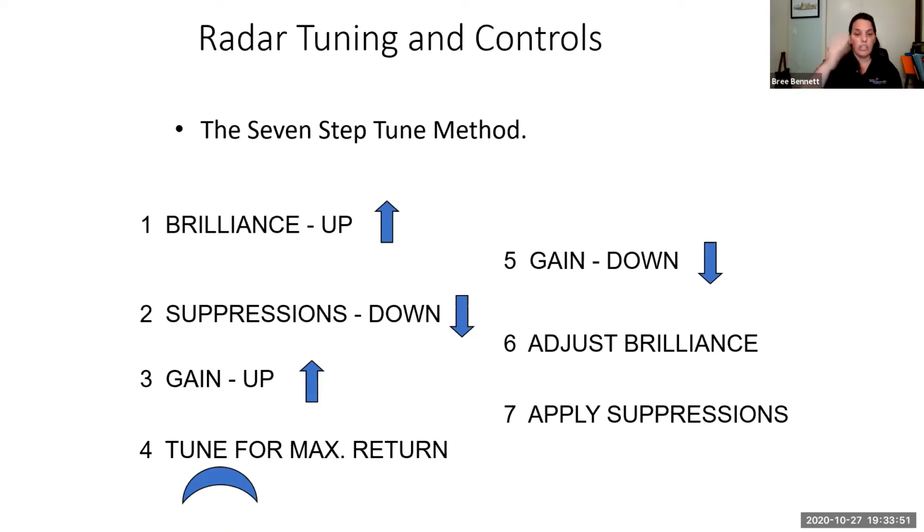But you want to turn it all the way up and then turn it down to where you get little returns here and there, but not too cluttered where you're like, I don't know what these are. So just little speckles. I'm totally not describing this right.